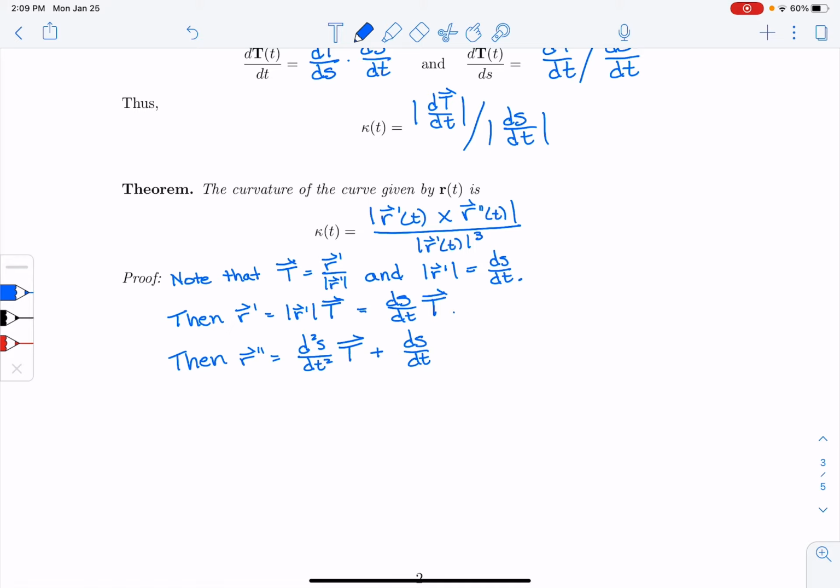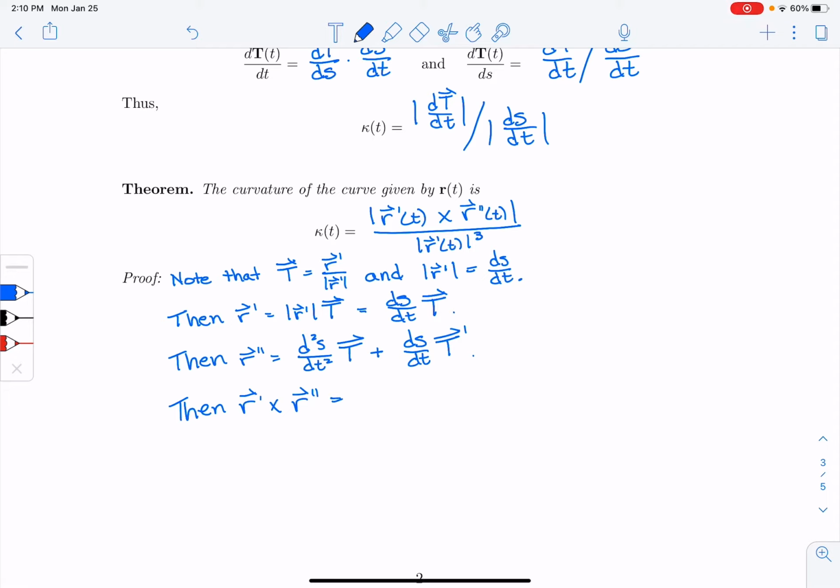So I'm going to get T prime. Okay, so now that I know what r prime and r double prime are, I'm going to ask myself, well, what is r prime cross r double prime? That seems to appear in our formula, so what's that?